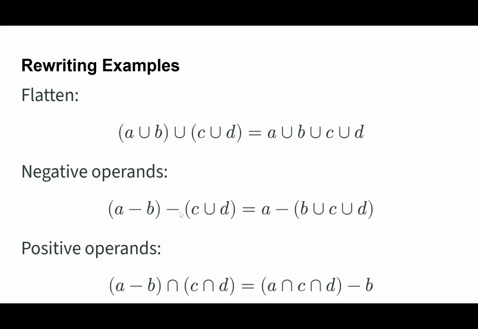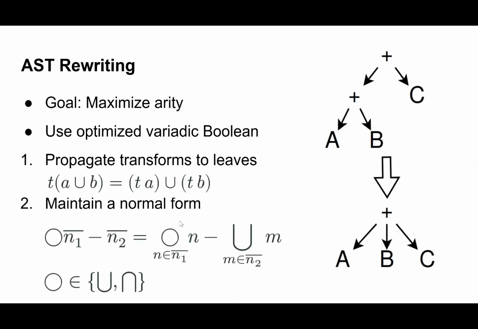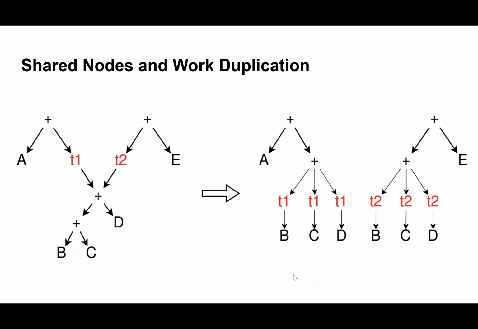And then if you have some negative operands, for example, A minus B minus C union D, you just combine those negative operands. So this is why we have this normal form. We collect both the positive and negative operands. And then if you have positive operands, you can put them to the positive part. So this is quite simple.